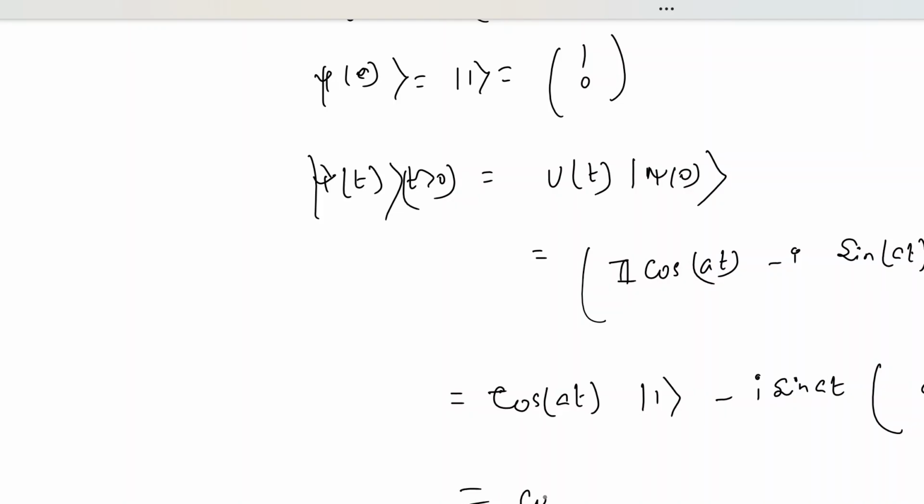Okay, so this you can identify that this is cos at times state 1. This state is basically the 2 state, because this is the other basis state, sin at times state 2.